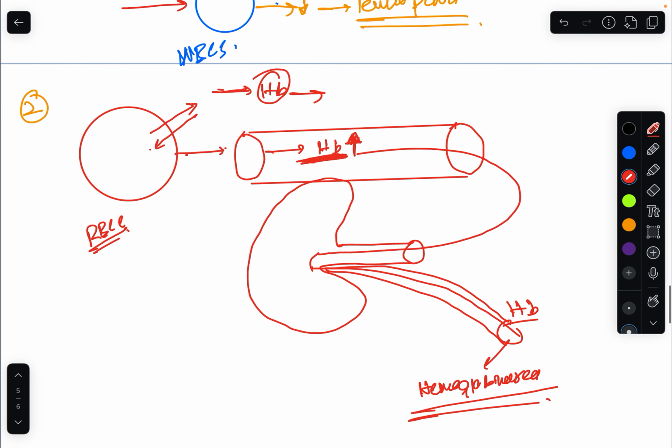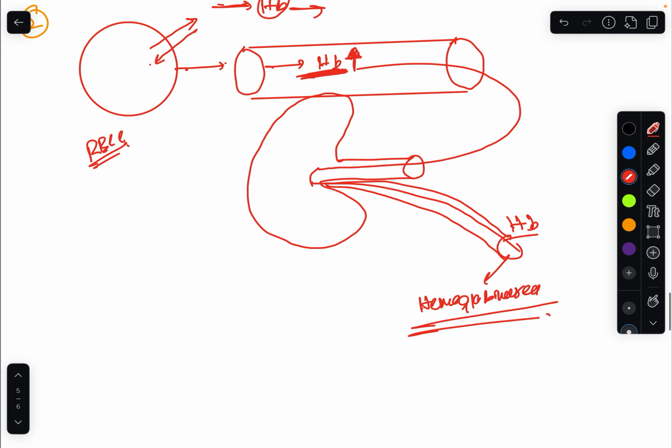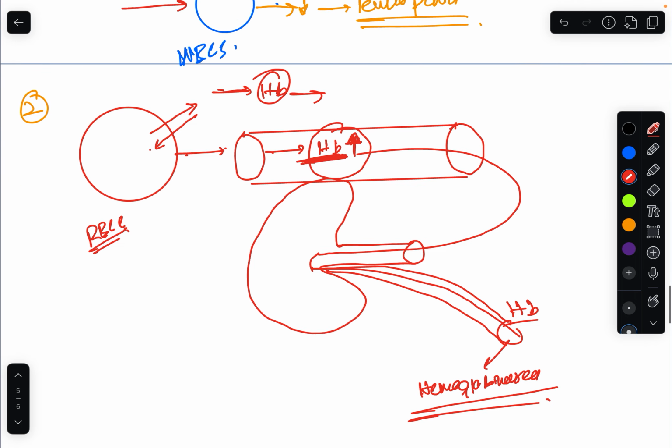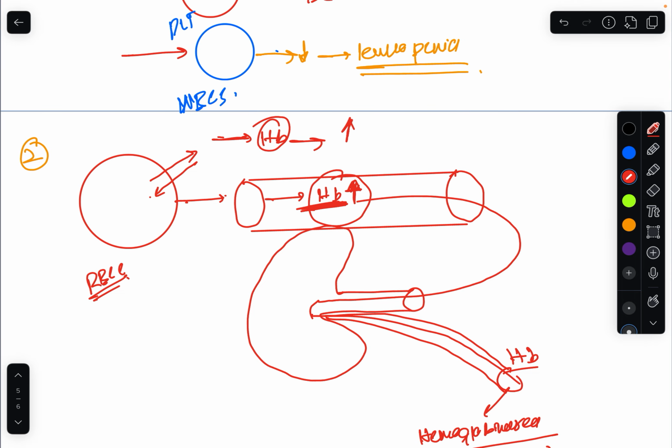So initially hemoglobin concentration will increase in the blood and ultimately in the urine. But as time progresses, because more and more RBCs are being consumed and hemolysis is going on, ultimately hemoglobin concentration will fall. So it can be either increased or decreased depending on the time frame when we are checking.